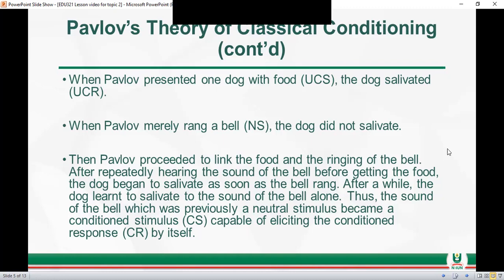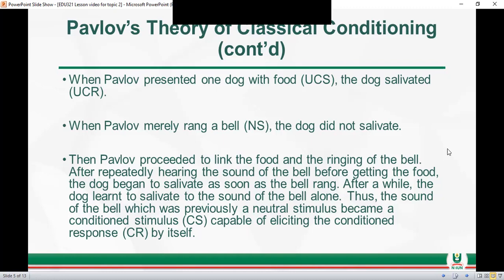While conducting a research, Pavlov noticed that the dogs in his research study would salivate to the sound of the footsteps of the people bringing food to the dog, and not just the sight and smell of the food. So he became curious and decided to conduct an experiment on this.